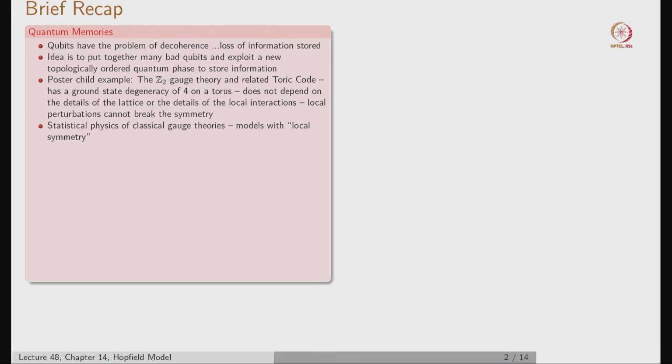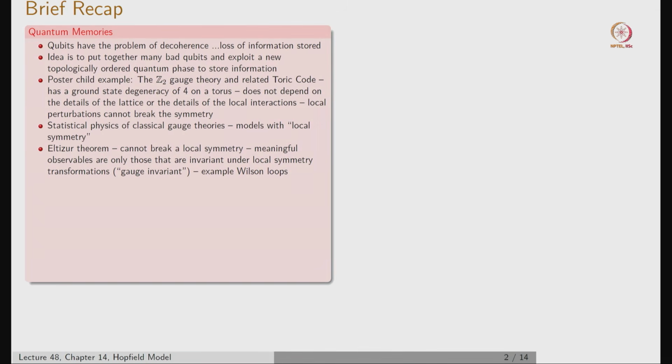We went on to look at the statistical mechanics of a classical version of this gauge theory, and this is a model with local symmetry. The important concept that we learnt in the last lecture was the idea of Elitzur's theorem, which says that a local symmetry cannot be broken. In other words, you should only look at those observables which are gauge invariant, in the sense that anything that transforms non-trivially under the local symmetry should not be used as an observable.